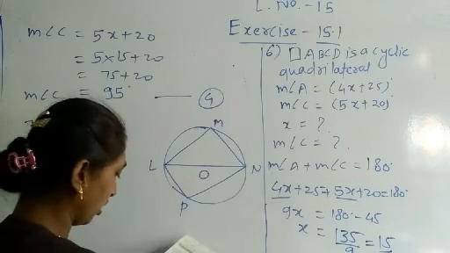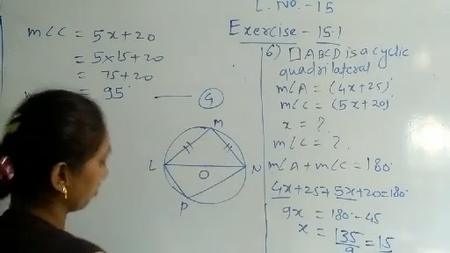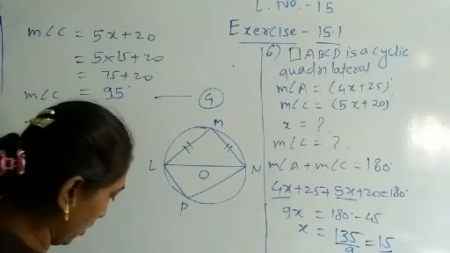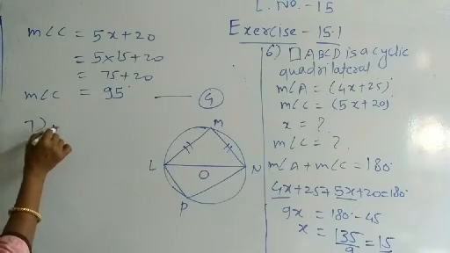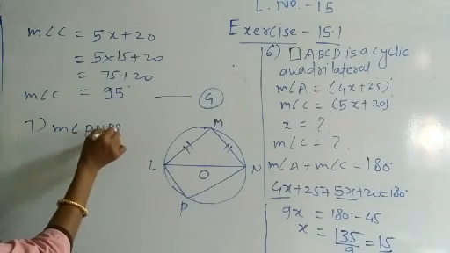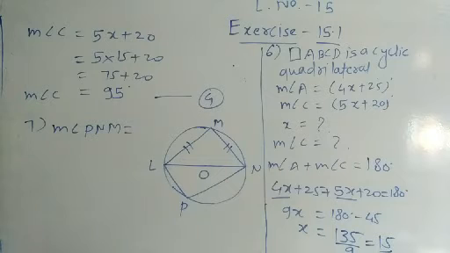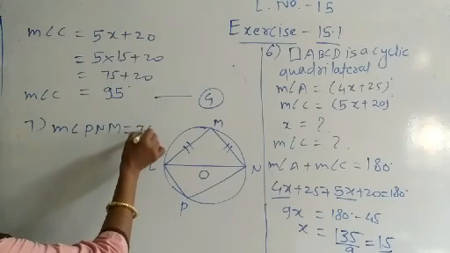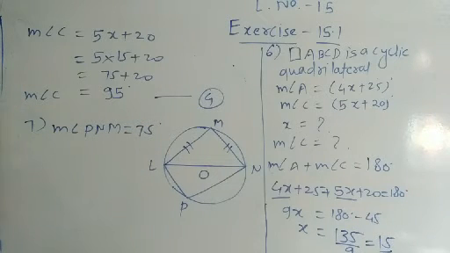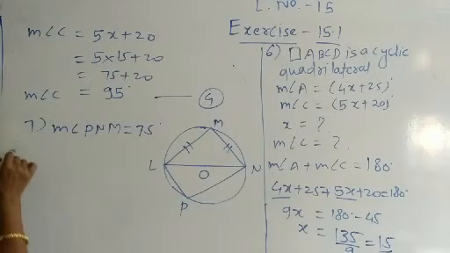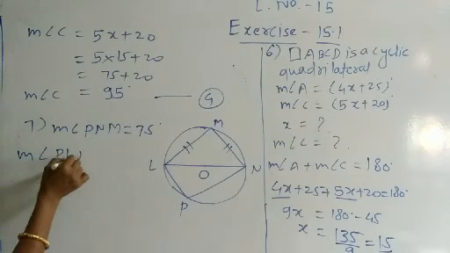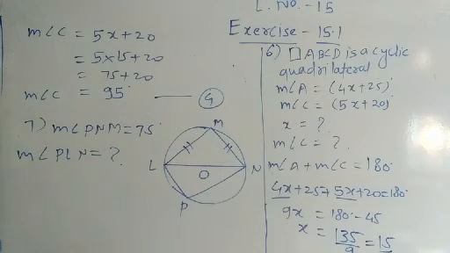And now triangle LMN, LM is equal to MN. So measure of angle PNM is equal to what? The given 75 degrees. So measure of angle PLM is equal to question mark.